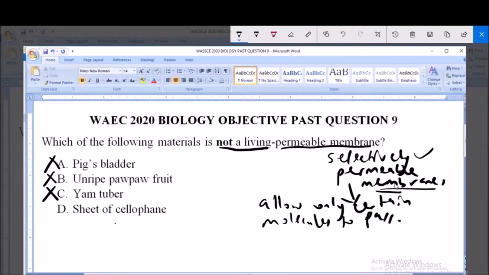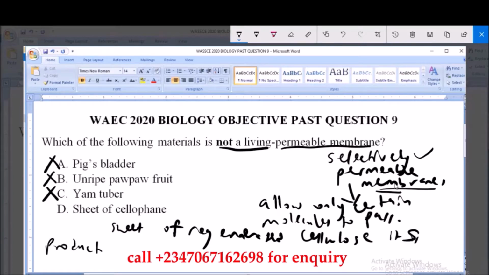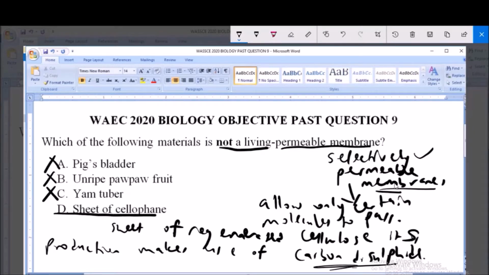Now cellophane is a sheet of regenerated cellulose, and its production makes use of carbon disulfide. So carbon disulfide is what is used to make a sheet of cellophane, and it is not a living permeable membrane. So option D, sheet of cellophane, is the correct answer to this question.